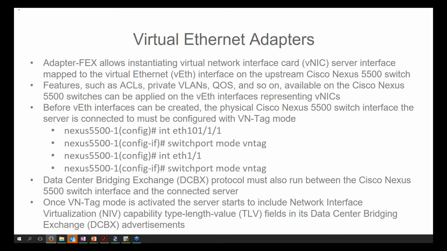The data center bridging exchange protocol is also going to have to run between the Nexus switch interface and the connected server. Once the VN-tag mode is activated, the server starts to include network interface virtualization capabilities, type length value fields in its data center bridging advertisement. So that's how it's going to pass the information between the two devices for the Adapter-FEX to start either using the manual configuration to create the adapters or the dynamic configuration to create the adapters.